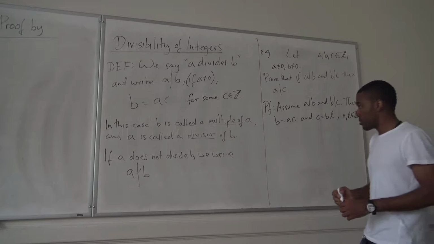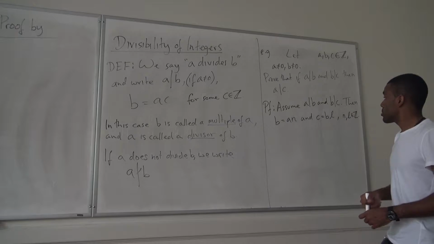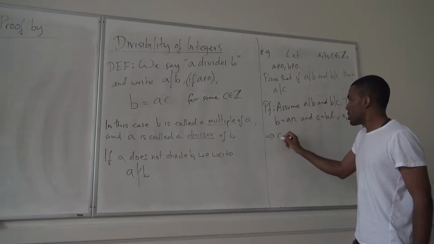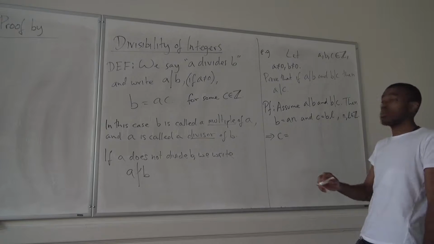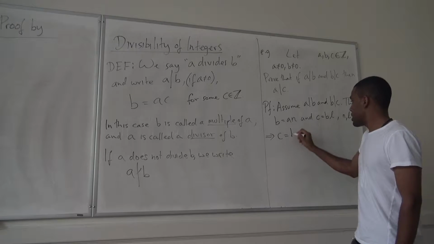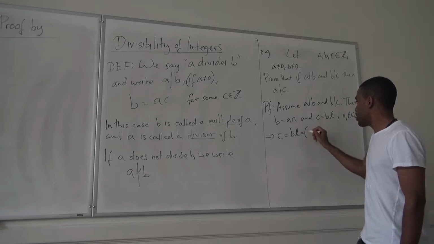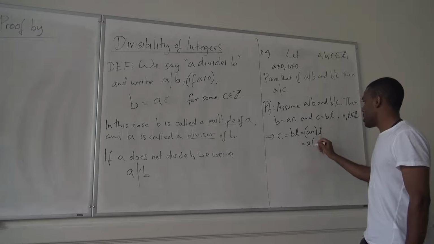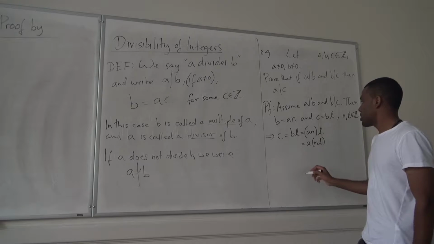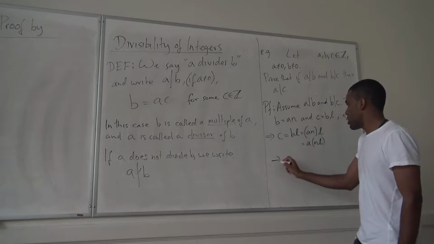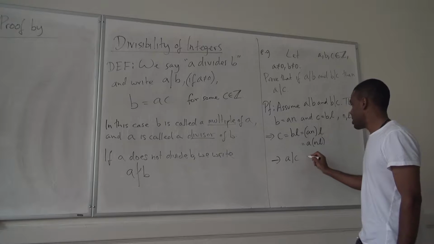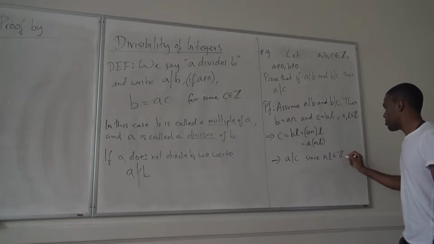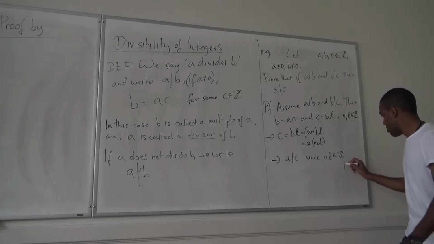Then what can you say? C is equal to BL, which is equal to AN times L, which is equal to A times NL, which means that A divides C since NL is an integer. Not so bad.